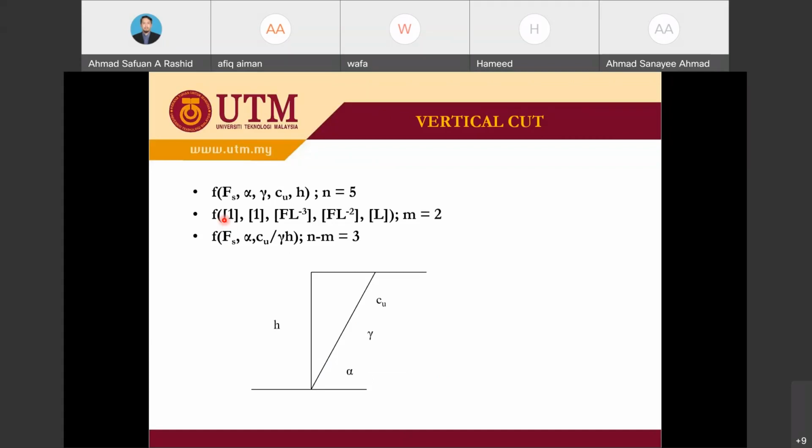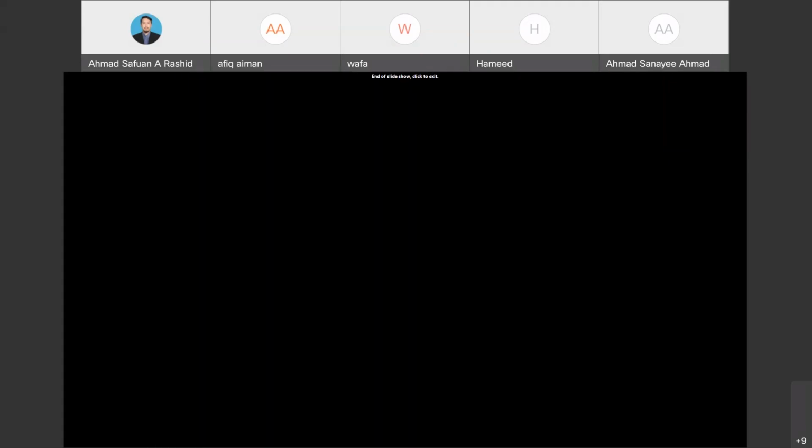So 5 minus 2, so we need to create 3 dimensionless equations. We have 1 Fs, alpha second, and the rest is to use all the variables to form one dimensionless equation. That is for the vertical cuts.